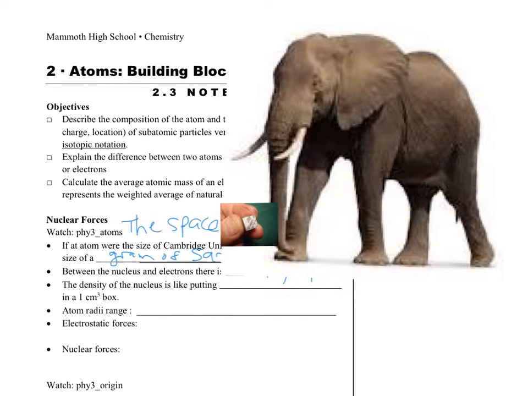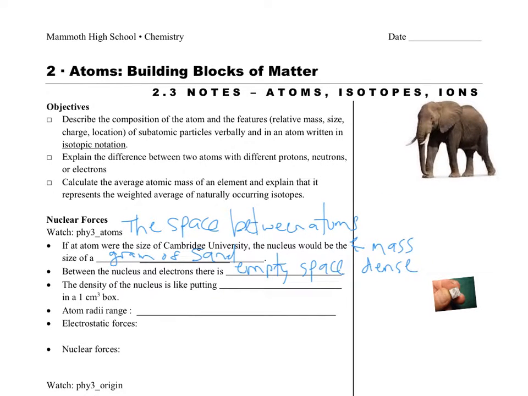Seriously. So here's a guy's fingers, a centimeter cube, that's a centimeter. If you take an elephant and stuff that whole elephant into the centimeter cube, that's about the density of the atomic nucleus.